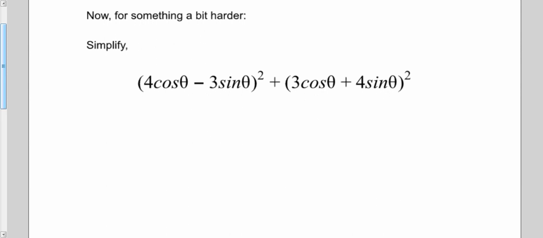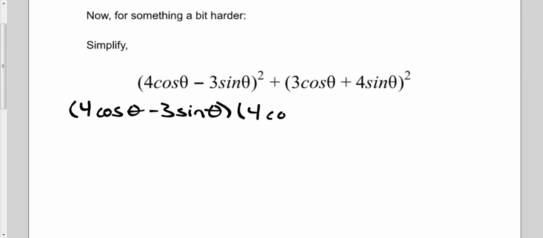I got this squared plus this squared, right? Let's square both of them so that we got apples and apples, right? So to square them, I would do 4 cosine theta minus 3 sine theta times 4 cosine theta minus 3 sine theta.